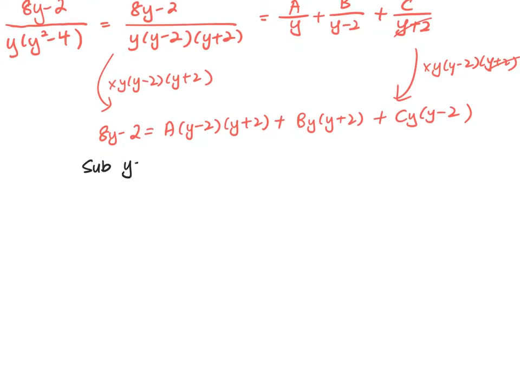So first, I'm going to substitute y = 0. Because of this, B will disappear, C will also disappear.